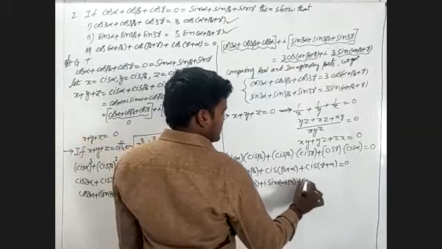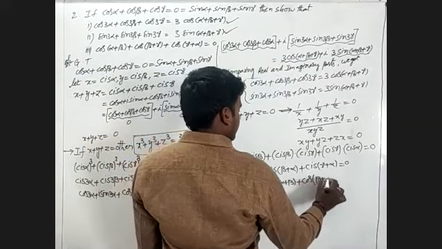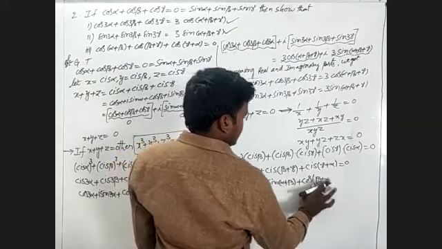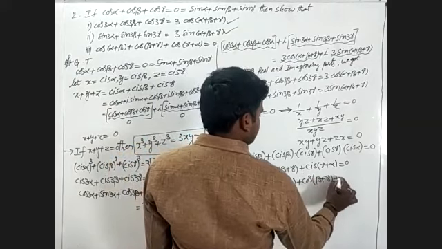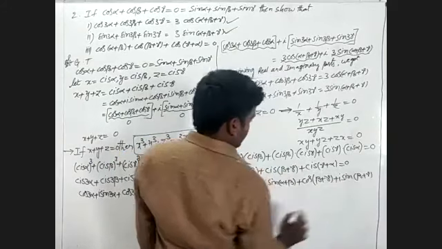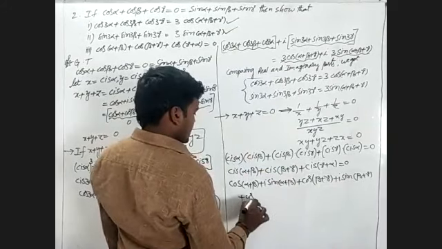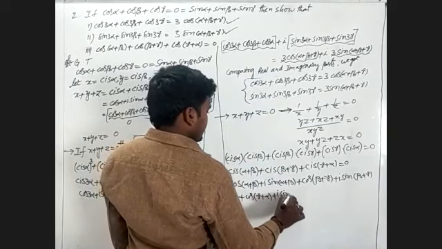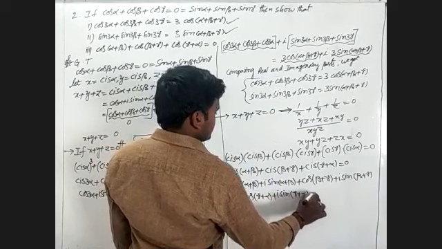After that, we have to expand in this one: cos of beta plus gamma plus i sin of beta plus gamma plus cos of gamma plus alpha plus i sin of gamma plus alpha is equal to 0.